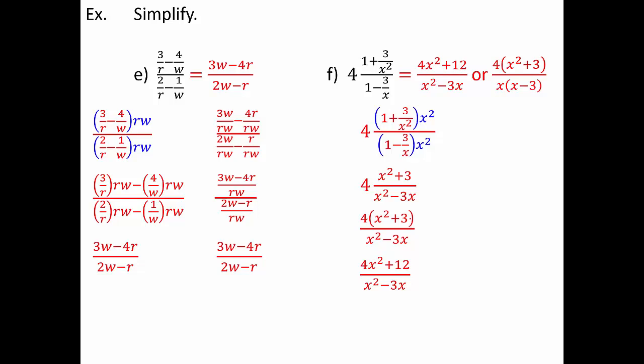Just because I've multiplied and added and subtracted everything through does not mean that it's fully simplified, because of course we're looking to fully simplify. And the only way you can simplify a fraction is by canceling out the common factors. So when I have something like this, notice 4x squared plus 12, clearly I can factor out a 4, and x squared minus 3x, clearly I can factor out an x.